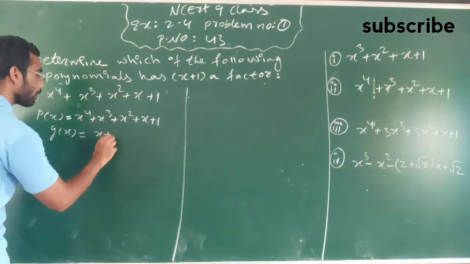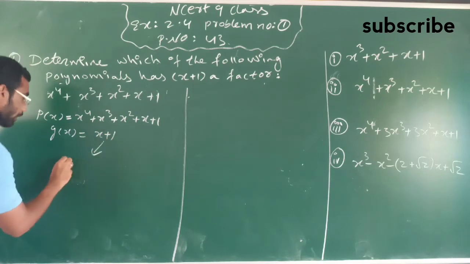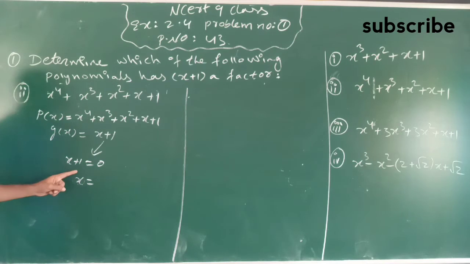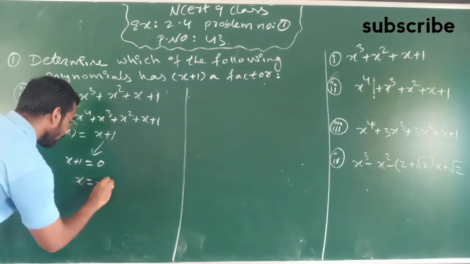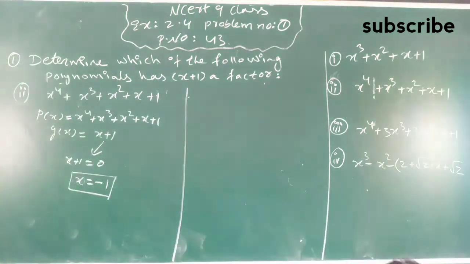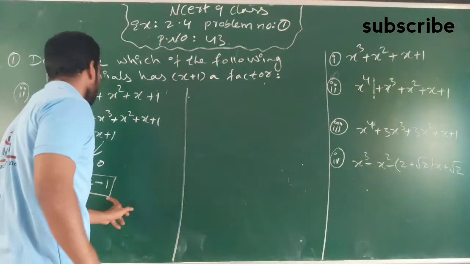Take x plus 1 equal to 0, then x is equal to minus 1, since sending the plus to the right hand side makes it minus. Now we substitute the value of x, that is minus 1, in the given polynomial.